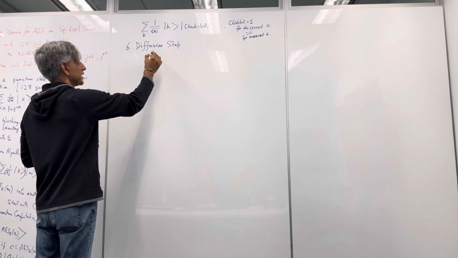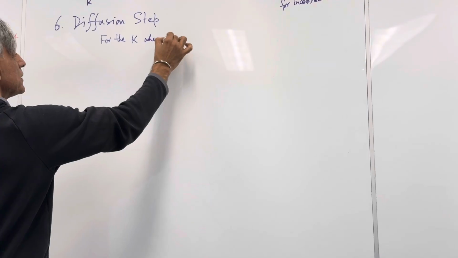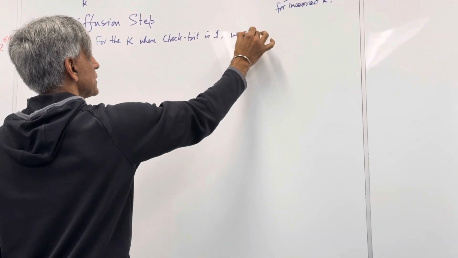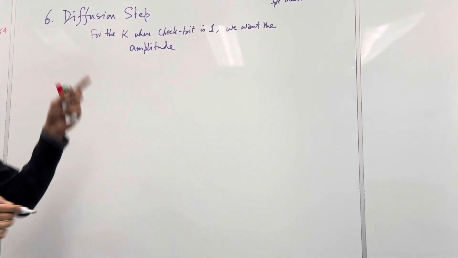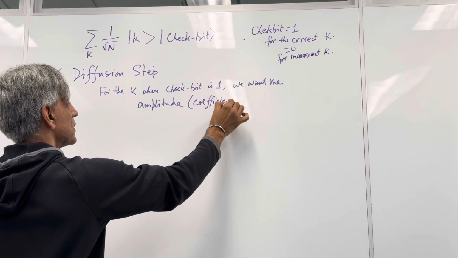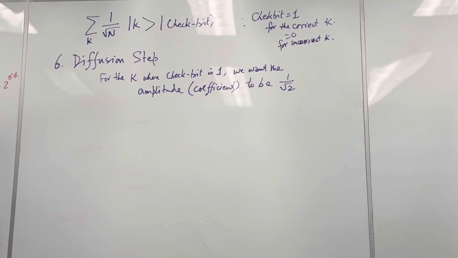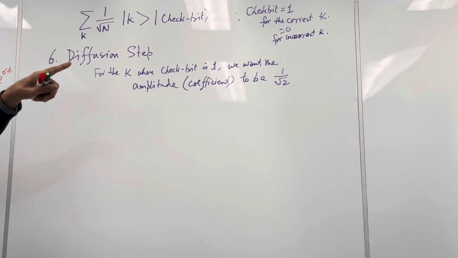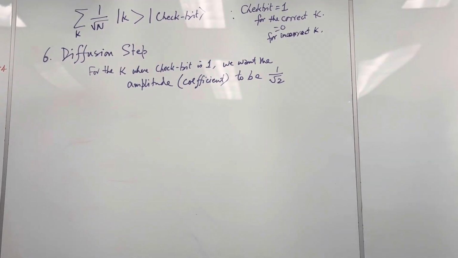The ultimate aim is, for the k where the check bit is 1, we want the amplitude, which is sometimes also called the coefficient of that superposition, to be 1 by square root 2, so that if you measure just that one thing, then with probability half, you will end up in the projection which will give you the k, and all the others will be gone.